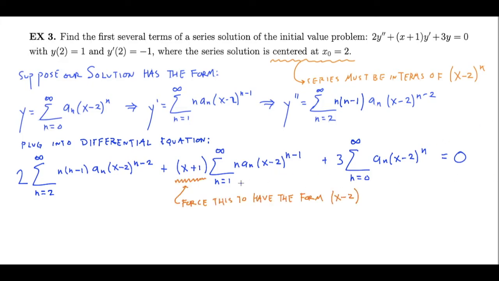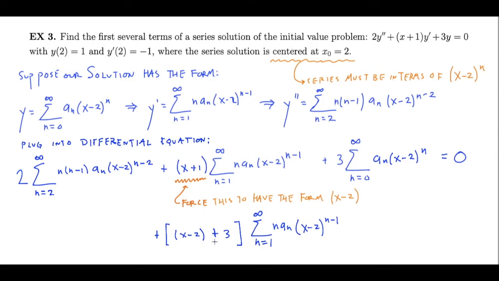Well, that's a little weird because if it is x plus 1, I can't just make it be x plus 2. So the trick that I have to employ here is I have to add and subtract something so that this will have an x minus 2 component to it. Or maybe another way to think of it, as I've kind of done here, is I would need to take this x plus 1, I need to force it to have an x minus 2.